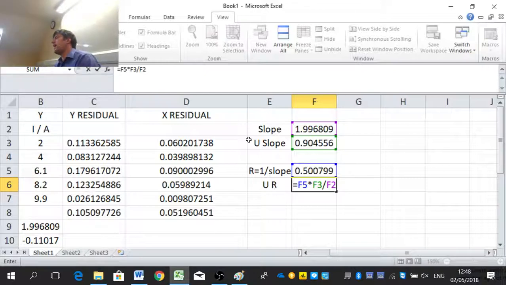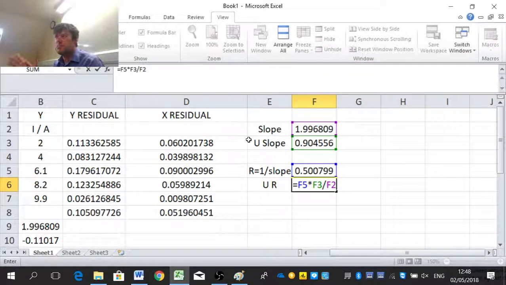Now, before I hit enter, what type of answer are you expecting? F5 is the R. If the resistance is 0.5, then the error could be plus or minus what? Something small.